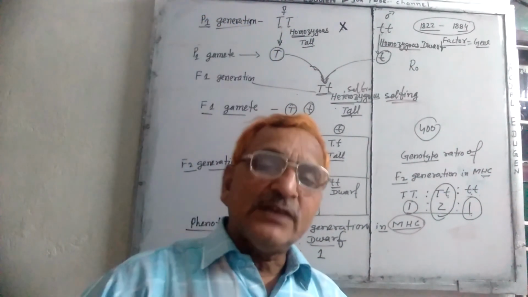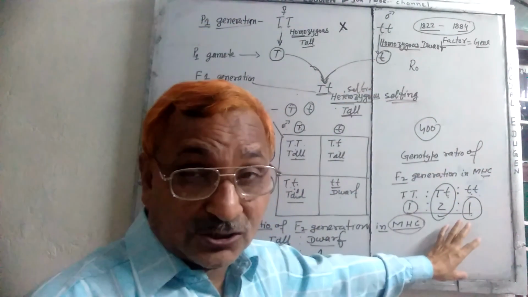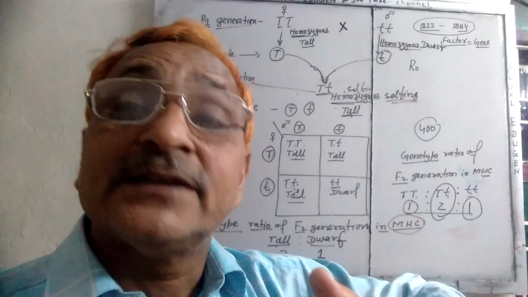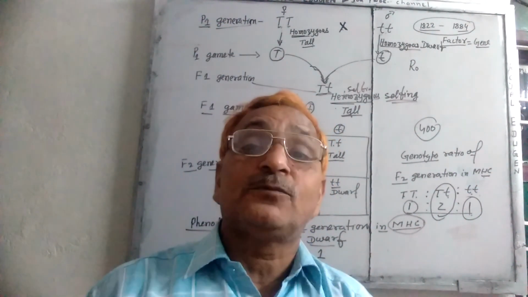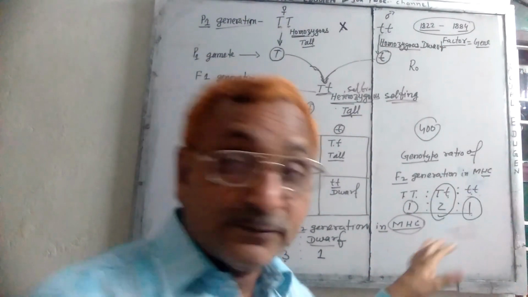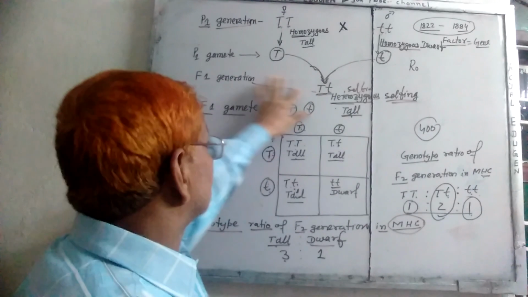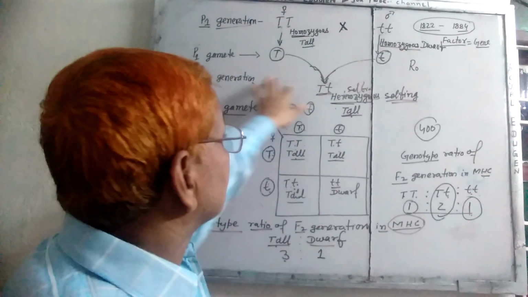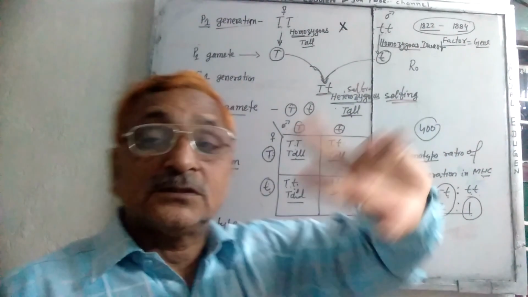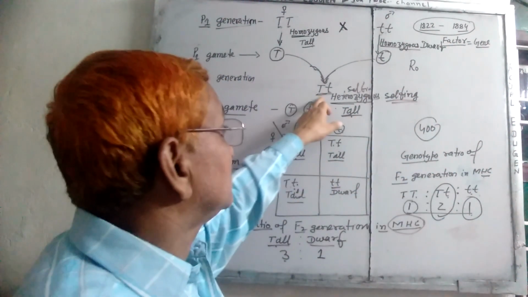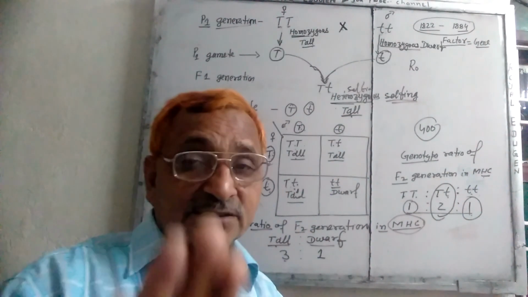Now you can explain the law of dominance on the basis of this cross. First of all, you draw the cross and then you describe Mendel's first postulate or first law of dominance. On that observation, you can explain Mendel's law of dominance as that in a monohybrid cross, in the F1 generation, only one factor expresses itself masking the other.